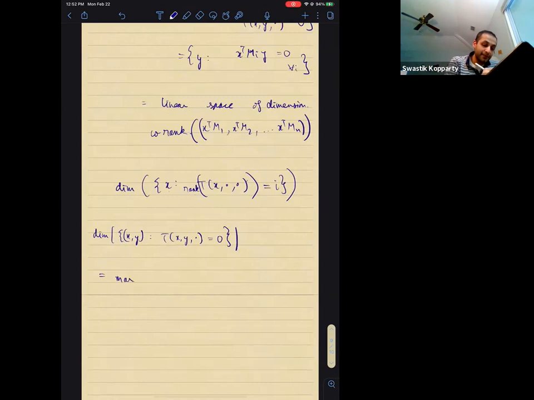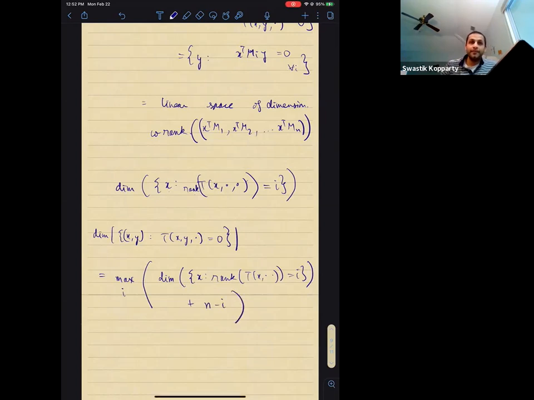This is the max over all I of the dimension of the set of all x's such that rank of T of x dot dot equals I. That's the dimension of the x's down below, and the dimension of the space above it plus n minus I. N minus I, I wrote here co-rank, and here I wrote rank, so that's why there's an n minus instead.